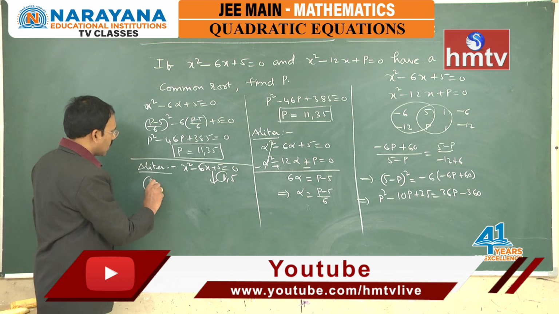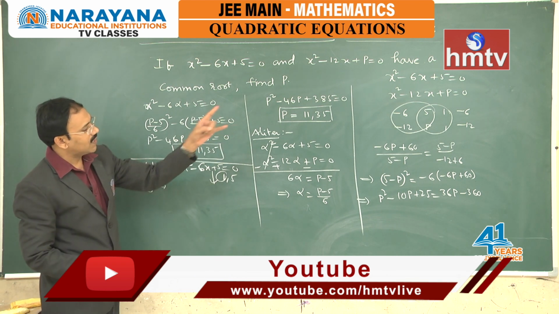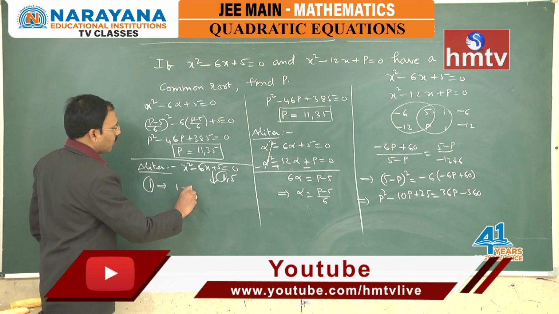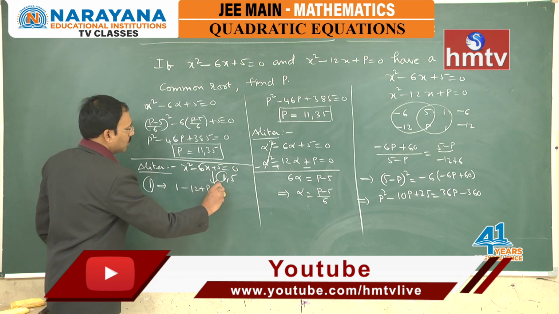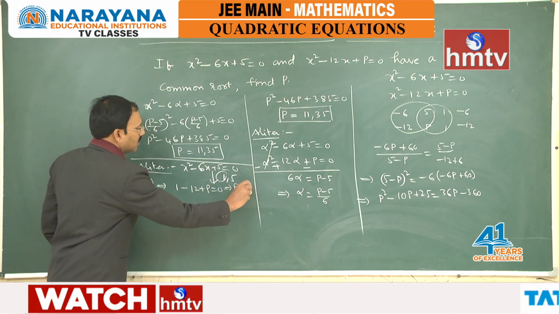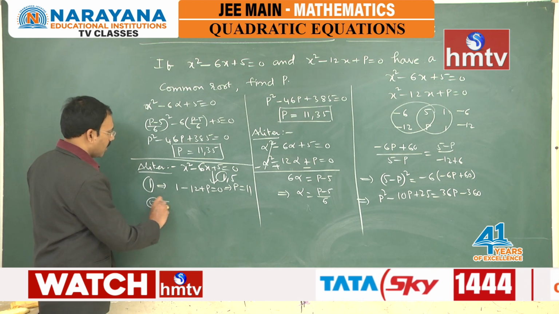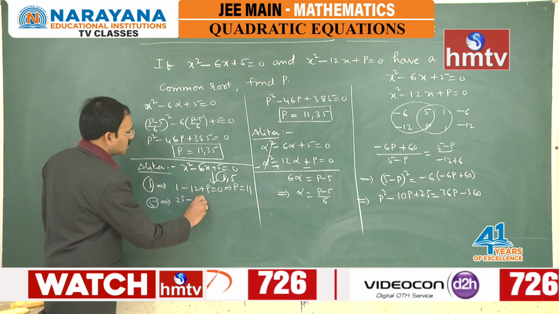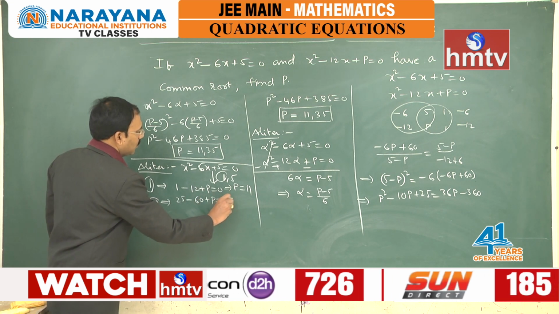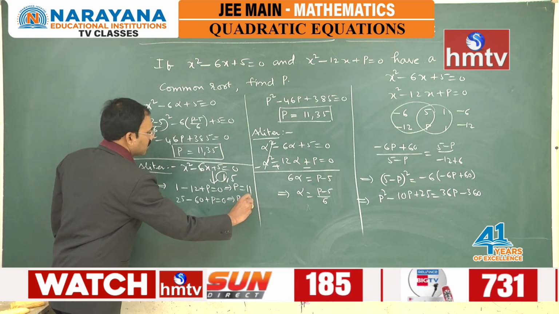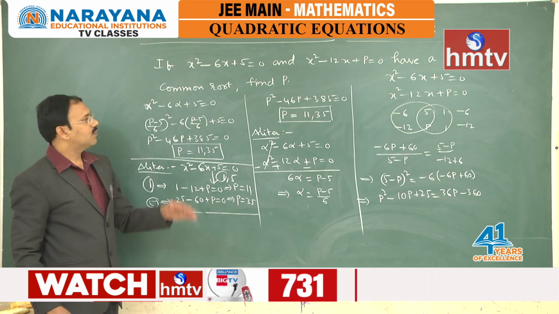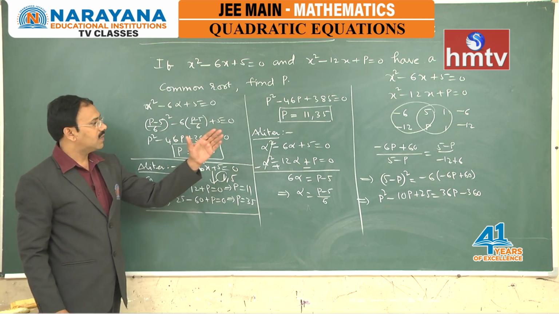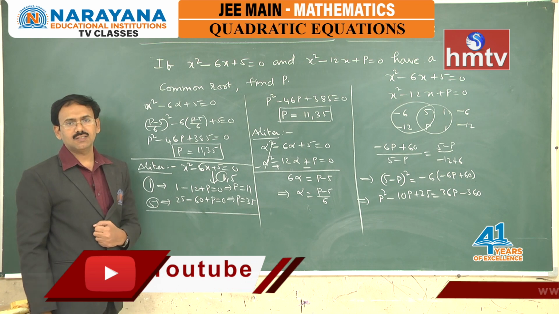If 1 is the common root, you substitute 1 in the second equation: 1 minus 12 plus p equal to 0, so p is equal to 11. If 5 is the common root, that is 25 minus 60 plus p equal to 0, which implies p is equal to 35. So, you can find the value of p by any of the three methods.